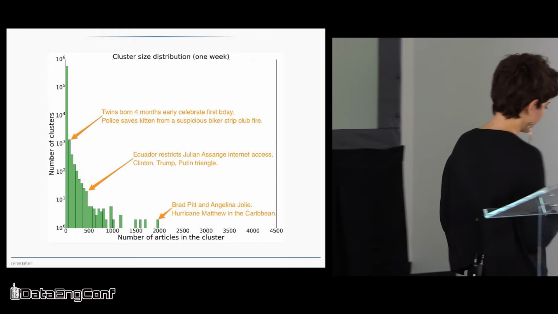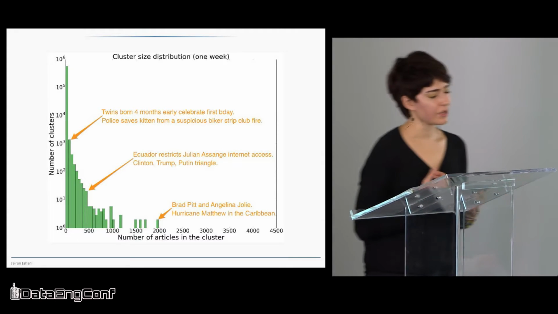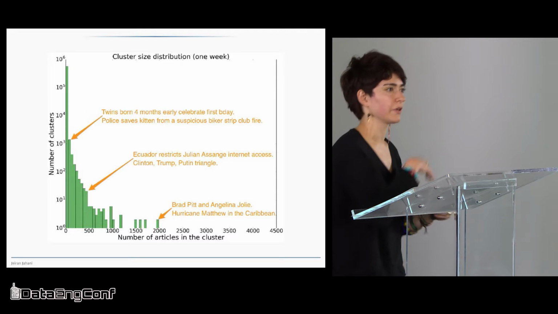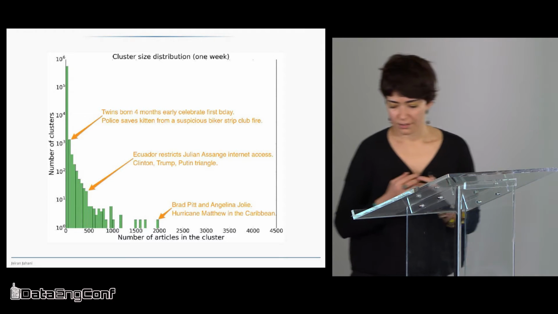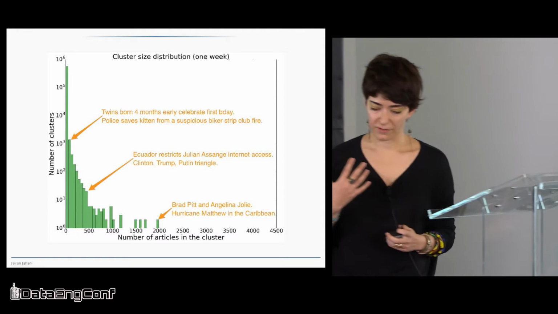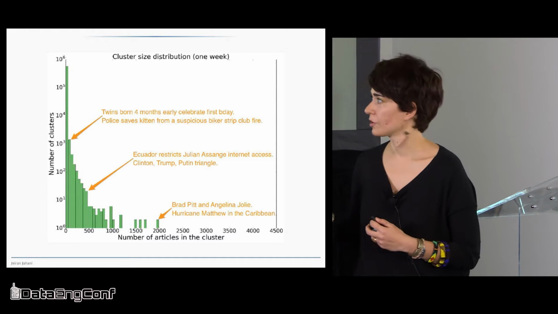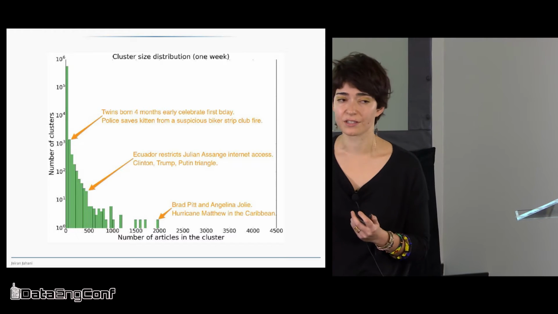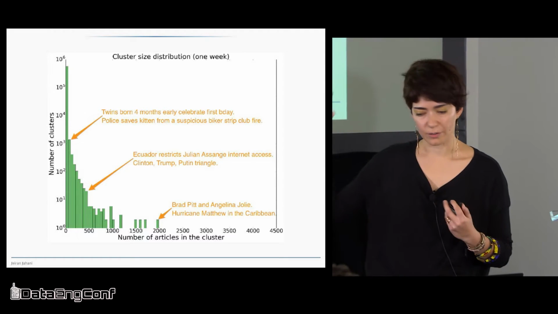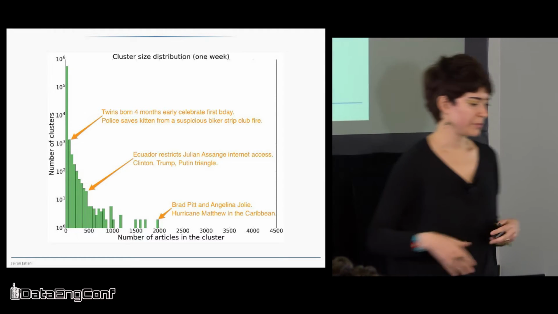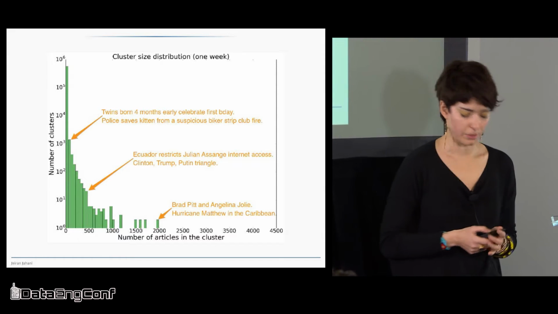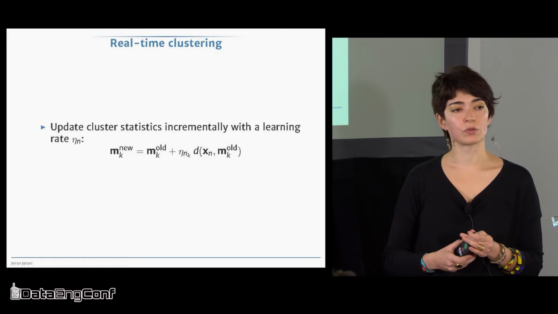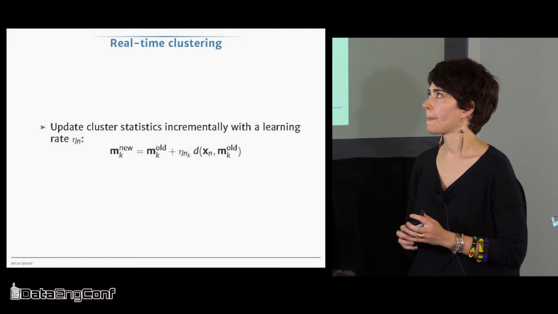When you're adding a new document to the cluster, you can't pull all the previous documents in that cluster and find the cluster center again. Ideally, you would like to have a way to incrementally update your cluster center. Because you see, some of these clusters have a lot of pages in them. And again, lookup time is high, memory limitations, all those things are considerations. So the best solution is to incrementally update your clusters.